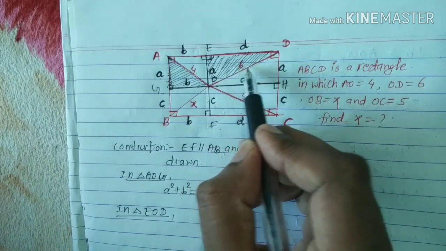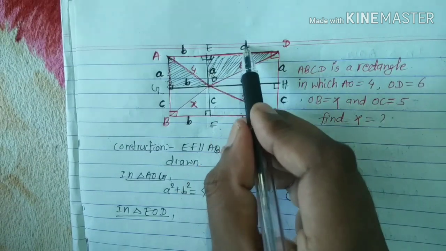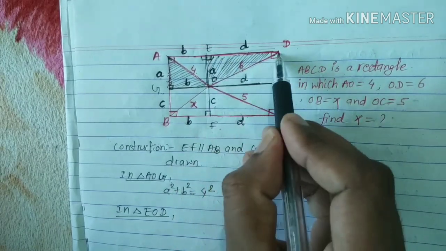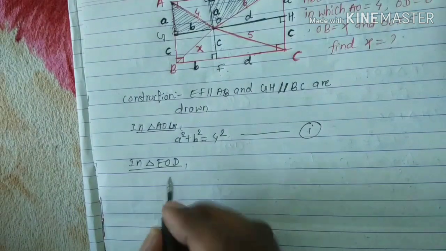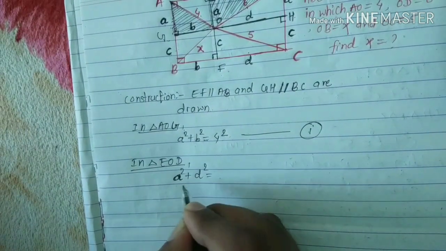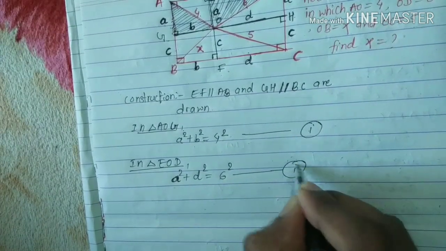Again we can use the Pythagoras theorem, and we will have the relation: a squared plus d squared is equal to 6 squared. So I'm going to write this relation: a squared plus d squared is equal to 6 squared. This is our second equation.